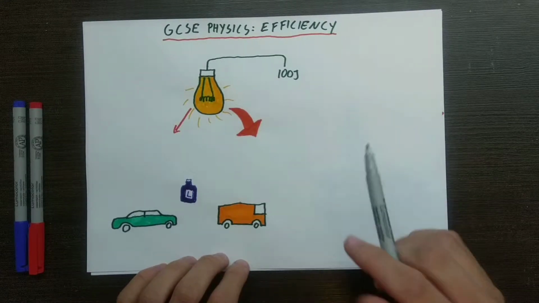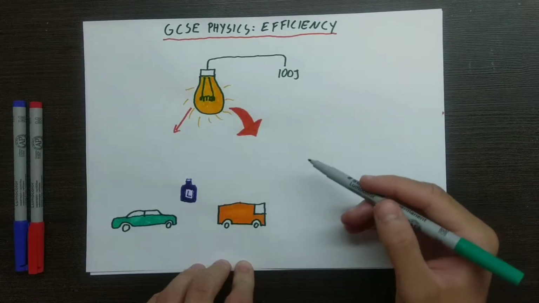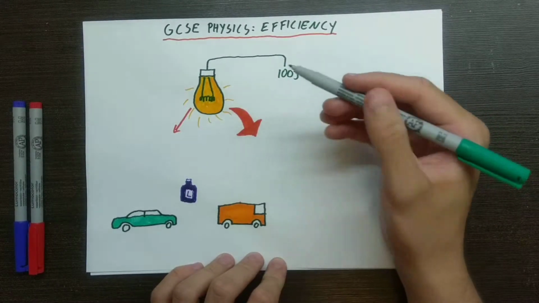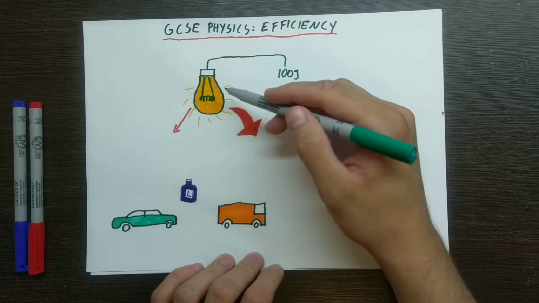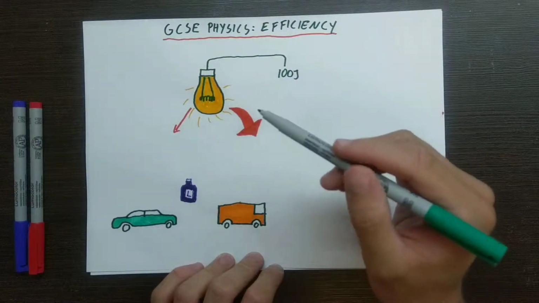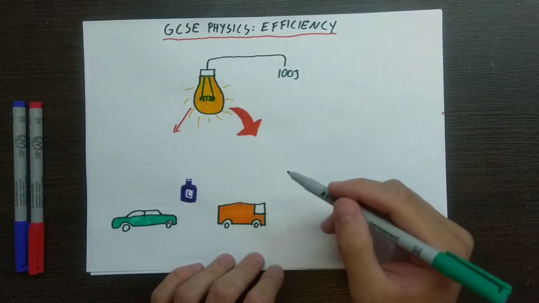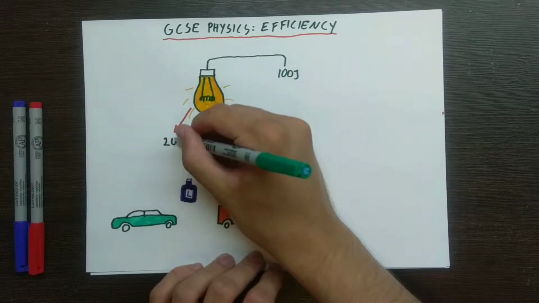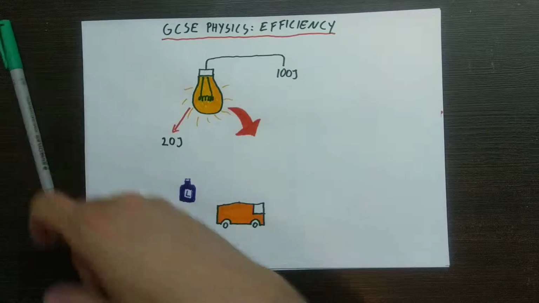Now, the best way to talk about efficiency is through an example. So let's imagine a light bulb, and we have 100 joules of energy going into that light bulb, and then it's giving out light. Out of that 100 joules of energy going into the light bulb, only about 20 joules goes to light.